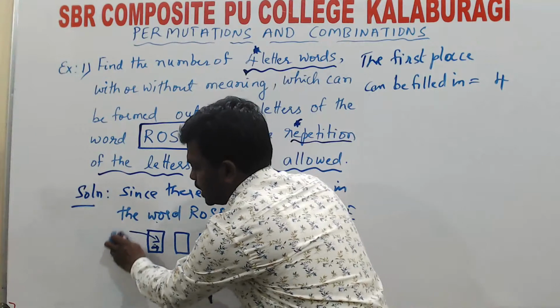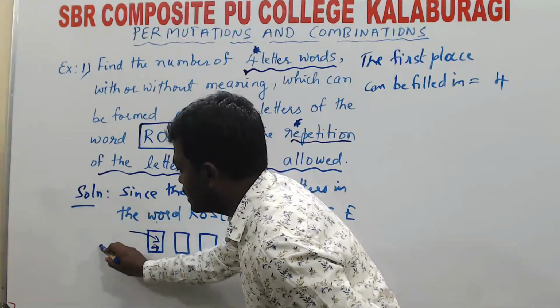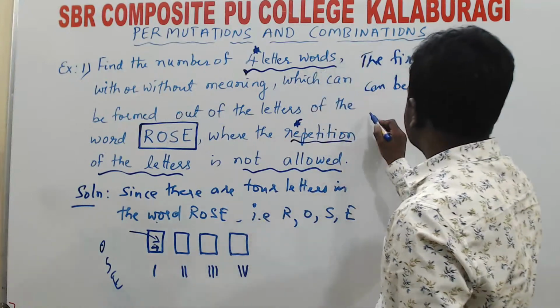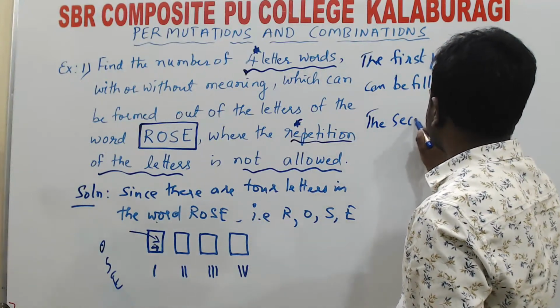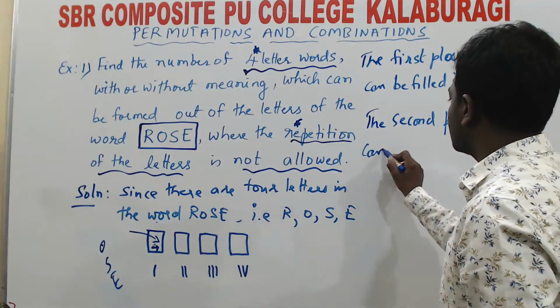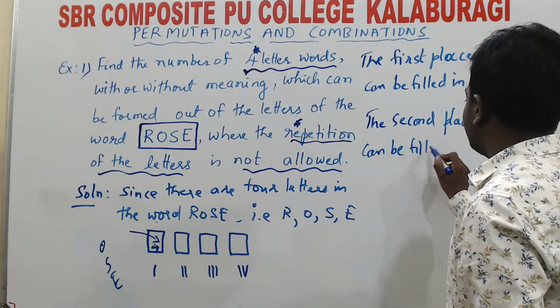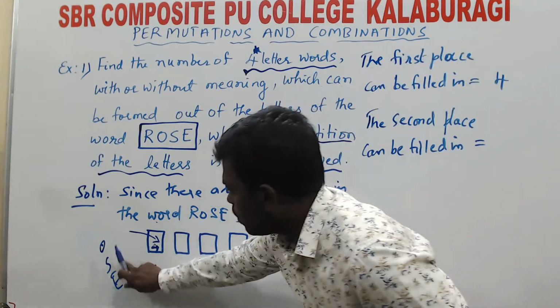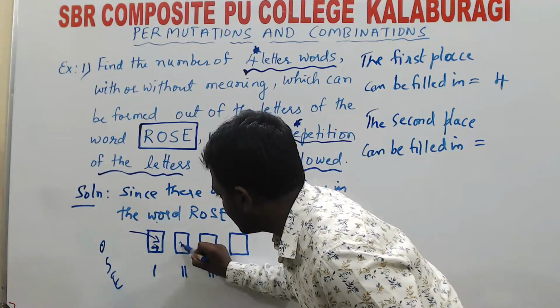So how many options are we left with now? O, S, E. Only three. So the second place can be filled in three ways.